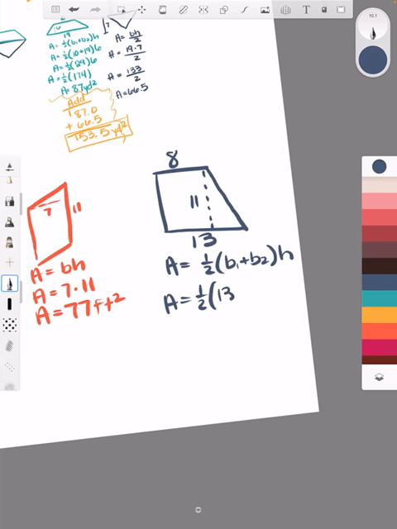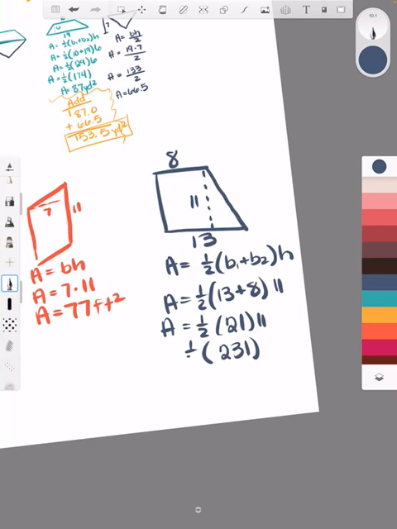So we're going to do 13 plus 8 times the height of the trapezoid, which is 11. 13 plus 8 is going to get us 21. And then we're going to multiply 21 times 11. 21 times 11 is going to get us 231.